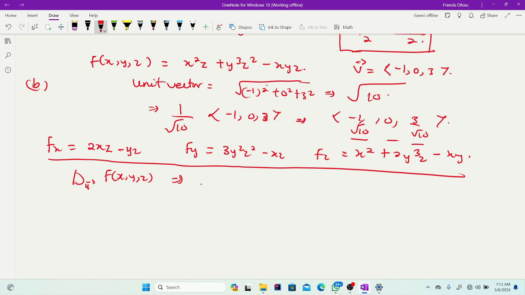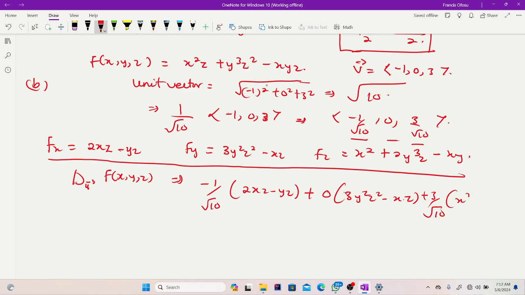So you simply have −1 over root 10 multiplying fx, which is 2xz − yz, plus 0 multiplying fy, which is 3y² z² − xz, finally plus 3 over square root of 10 multiplying x² + 2y³ z − xy. This 0 is going to make that term go away.